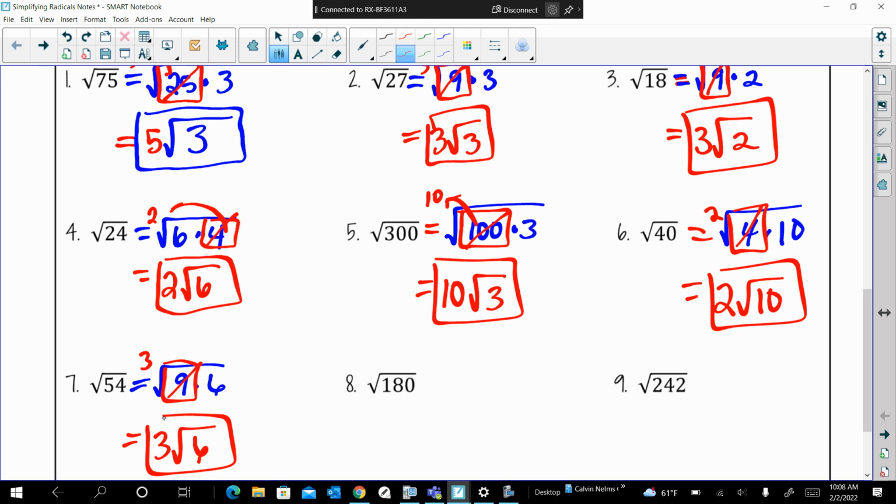Okay, what about 180? 36 times 5. So our factors for 180 are 36 times 5. 36 is the perfect square. The square root is 6. So that means 6 root 5.